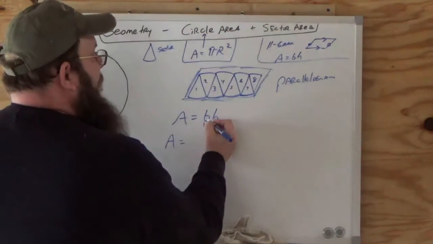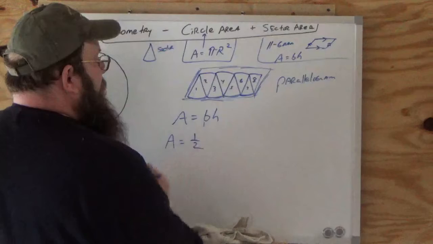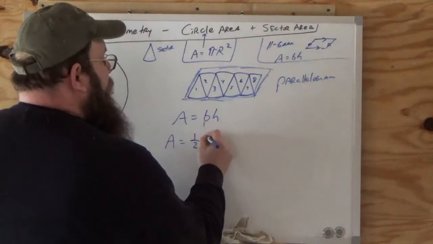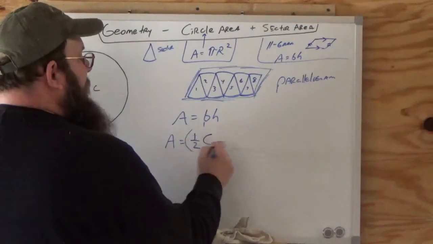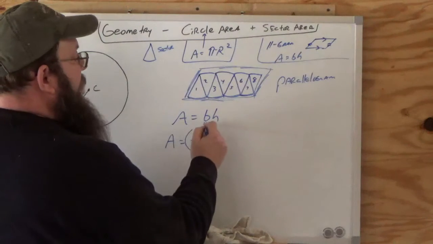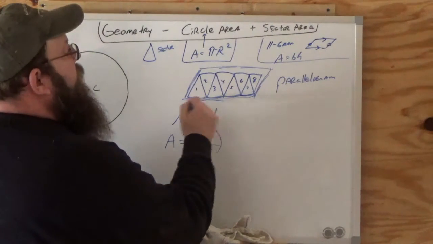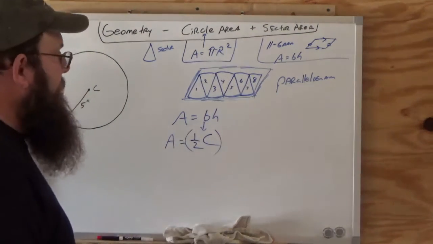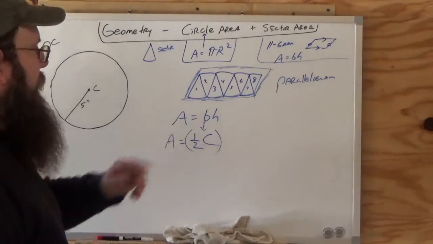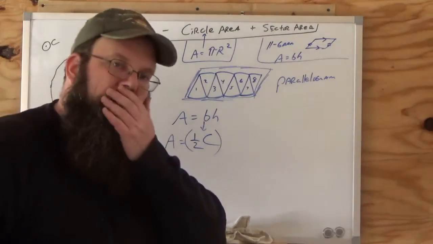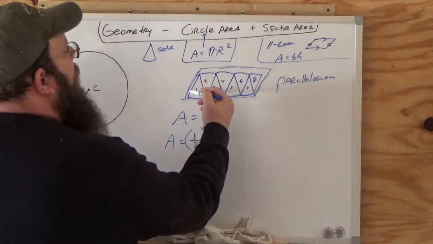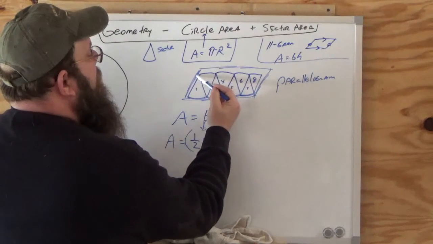So in this case, it's 1/2 of the circumference, and I'm going to wrap that in a parenthesis. That is the base. The base is 1/2 of the circumference. What's the height? How long is this?